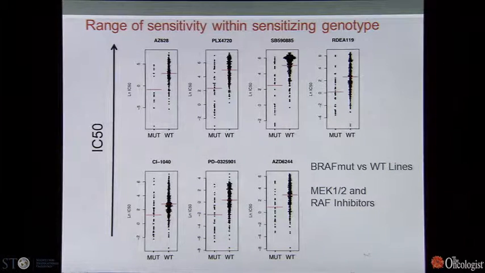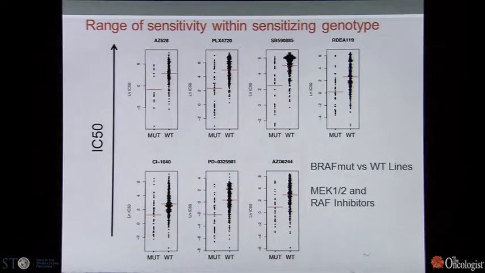So potentially, we thought that it could be captured in part by the cell collection. Of course, what we see in the clinic doesn't have to be related directly to what we see in cell collection. But what's interesting is that for this type of agent, as well as for any agent that we've screened in the cell collection, there is a large variation in response when you look at selected cell lines versus wild type.